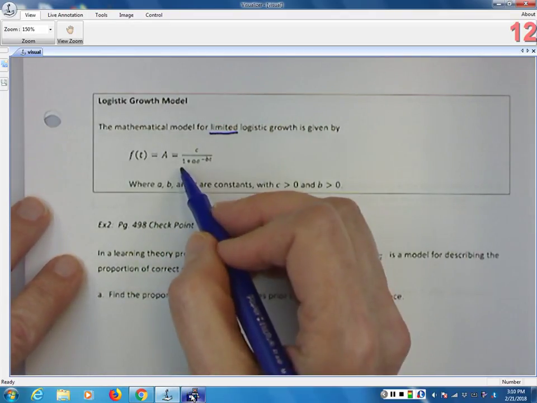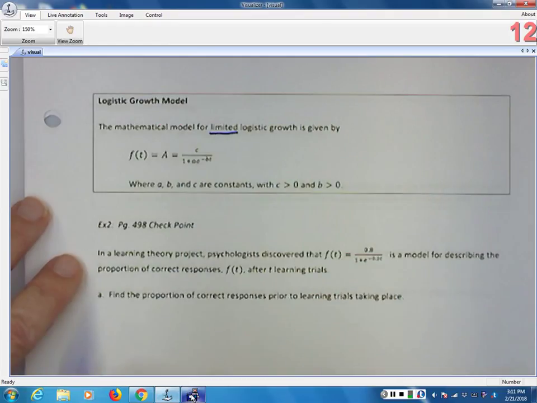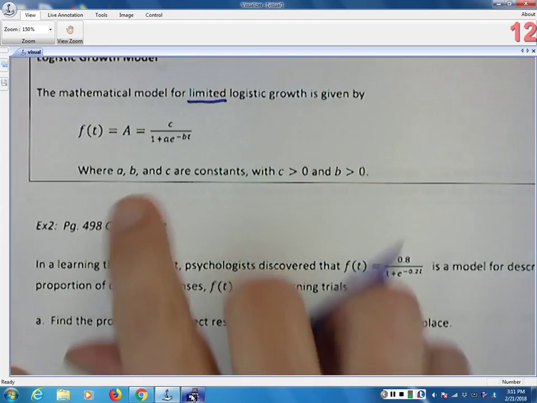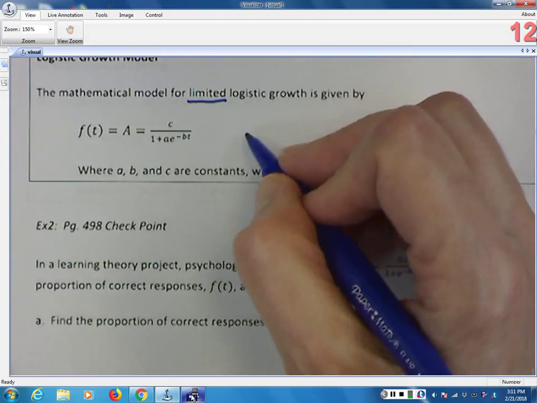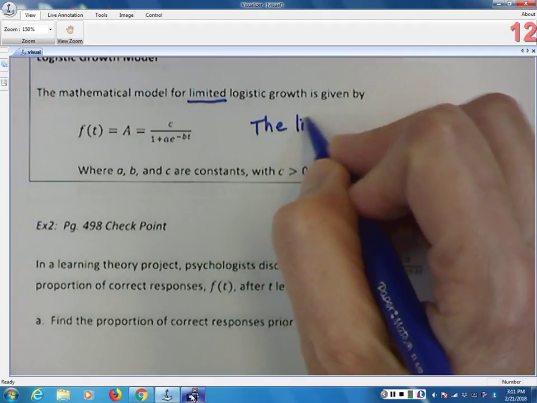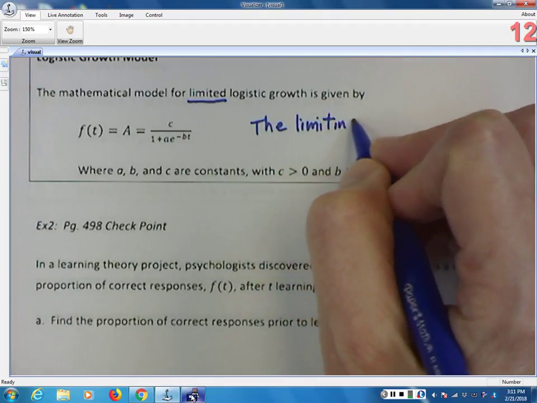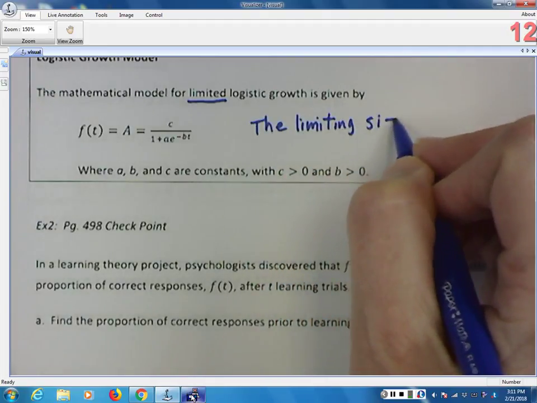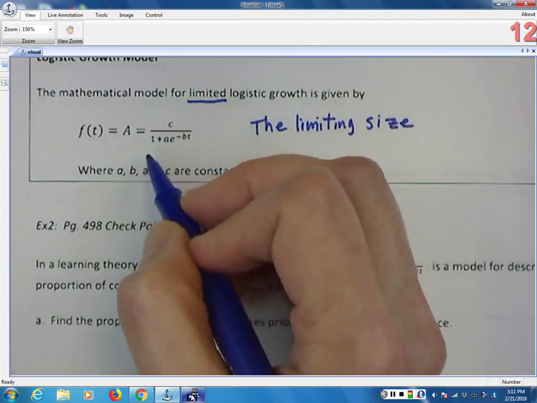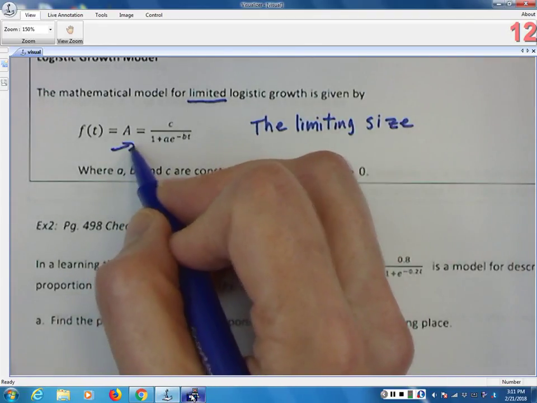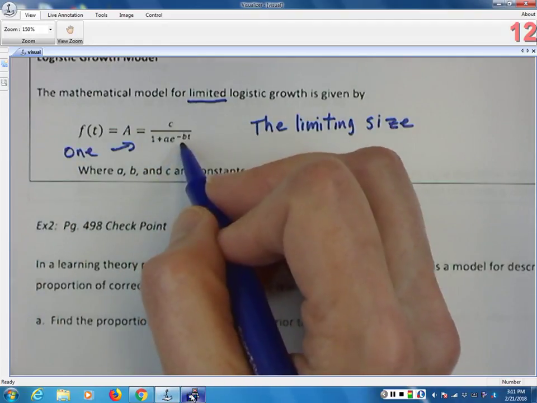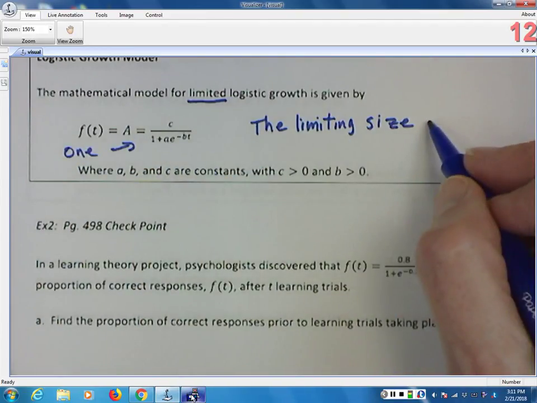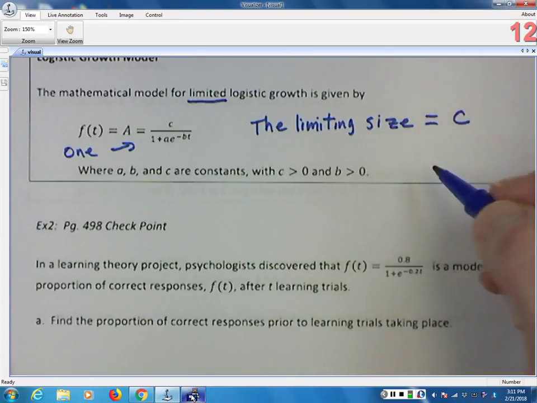As long as we have a 1 here, and that's what it is on all my stuff now, 1 plus a e to the minus bt, the limiting size will be the constant in the numerator.